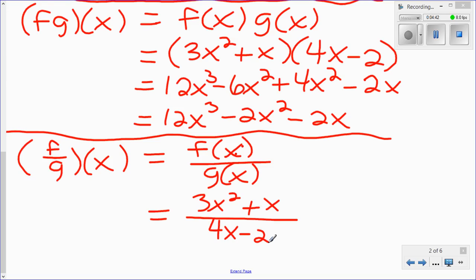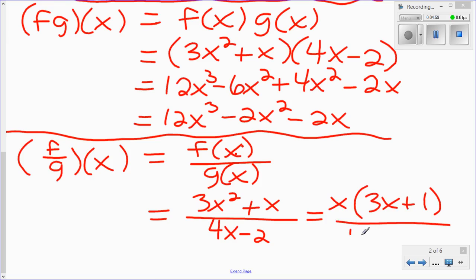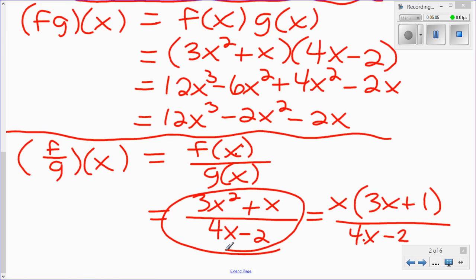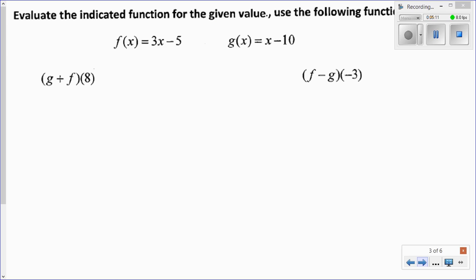Sometimes you can simplify by factoring, and here I notice we could factor an x out of the numerator, which would leave us with 3x plus 1, but it's not going to reduce with anything, so I probably would just leave it like this. Either answer is fine. Okay, let's move on.